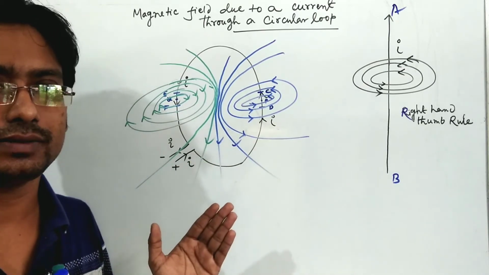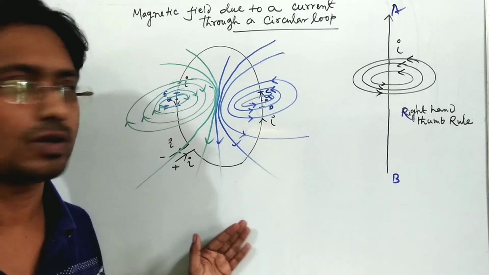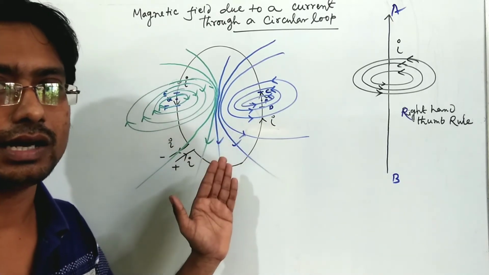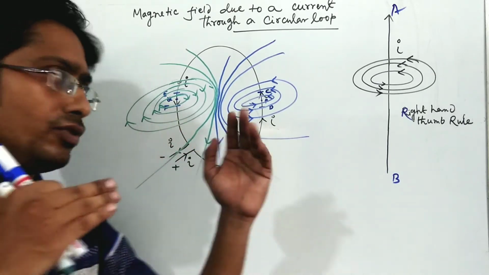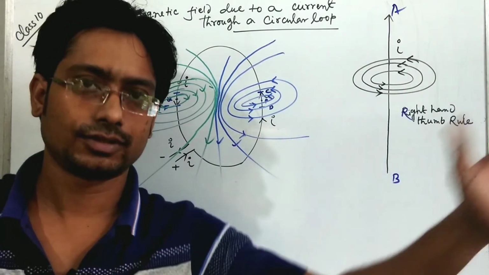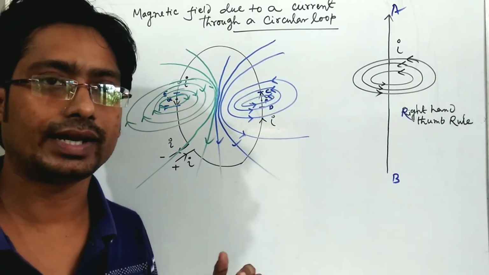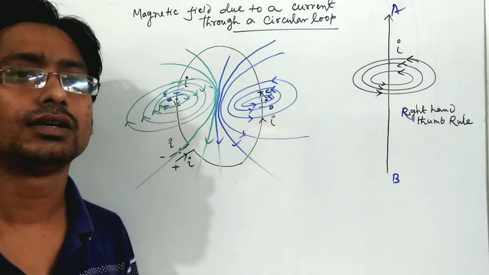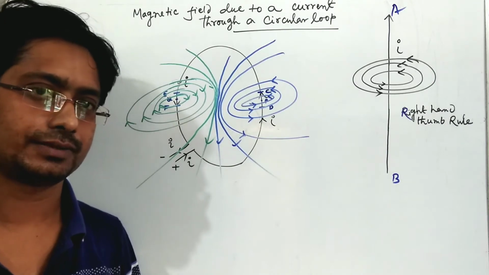In this situation, if we consider the circle is lying on the surface of the whiteboard, then the magnetic field lines are towards you. Some middle magnetic field lines are towards you. But outside the circle, all magnetic fields are going towards the board from you, so mind it.